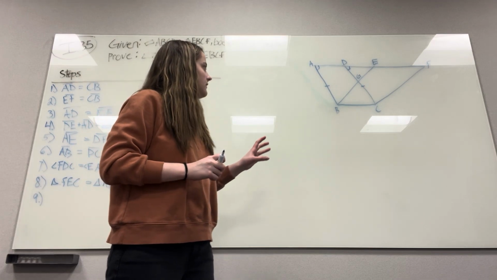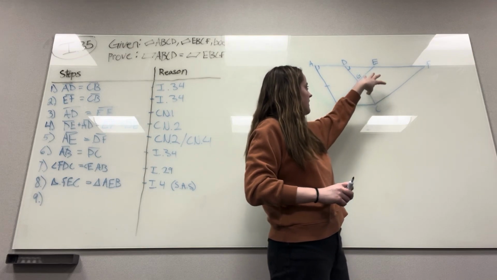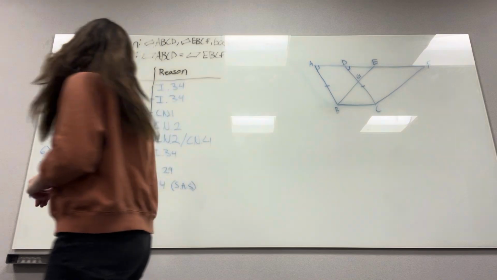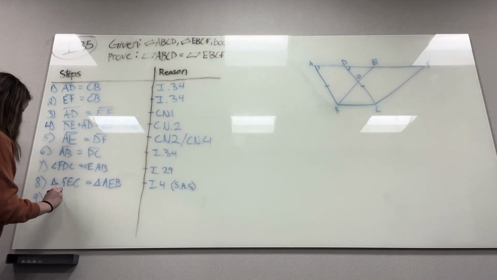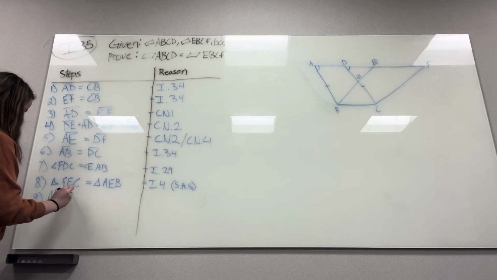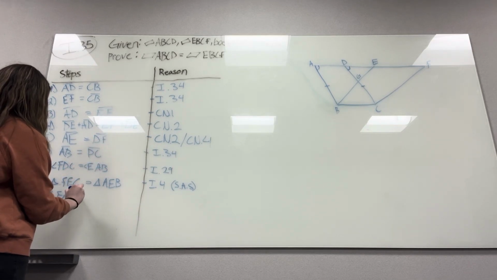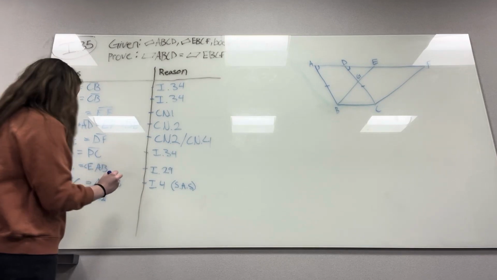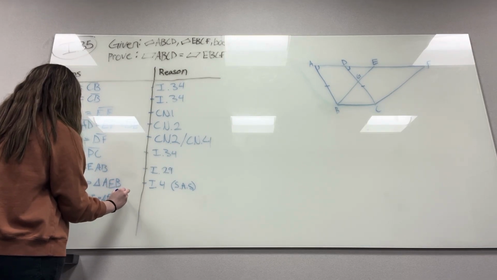So we're basically taking this triangle, subtracting this triangle, and then taking this triangle, subtracting that triangle. So EAB minus DGE equals triangle FDC minus DGE.